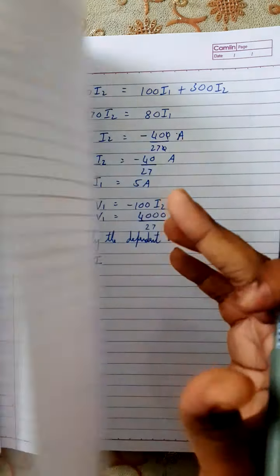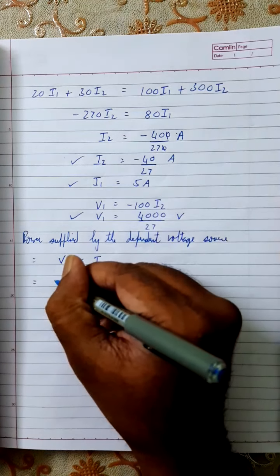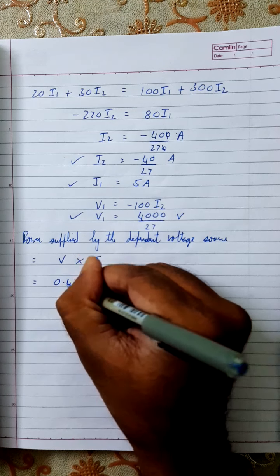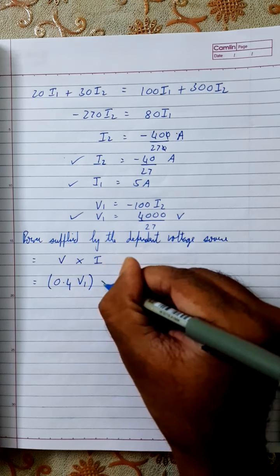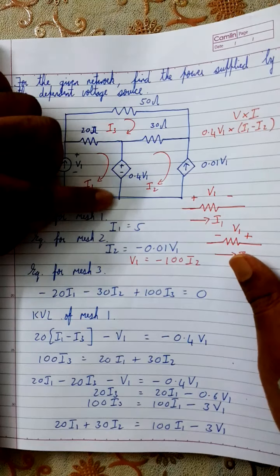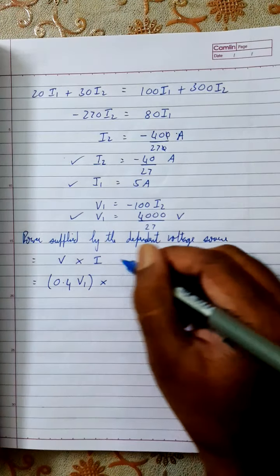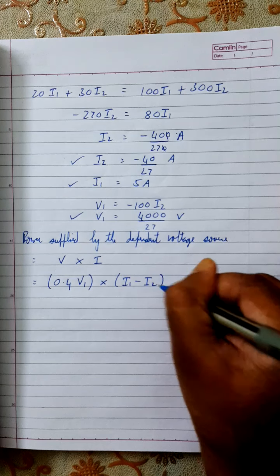According to the question, the voltage is 0.4 V1. And what is the value of the current? The current through this branch is I1 minus I2, which means the current over here is I1 minus I2.